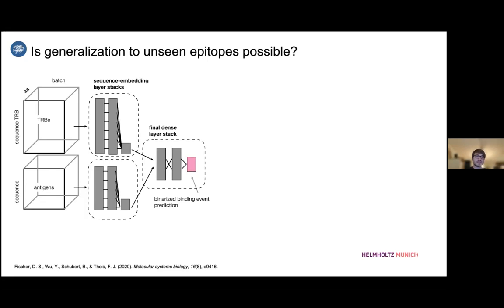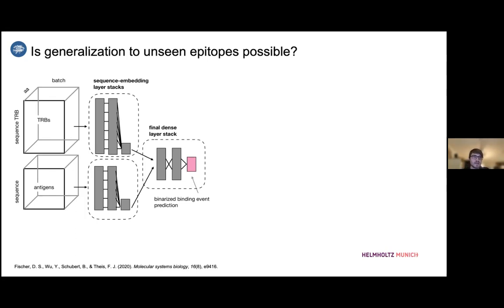And to that end, we added on to this architecture a second embedding layer that now takes into account also the peptide sequence, so the epitope sequence itself, and then combines both T-cell receptor and epitope sequence in a feed-forward layer to do a binary prediction whether the specified T-cell receptor can recognize the specified epitope sequence.